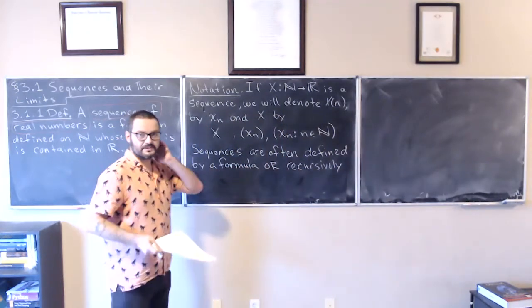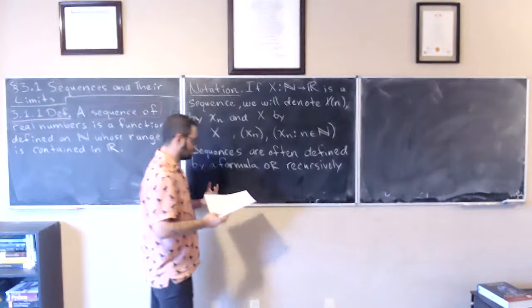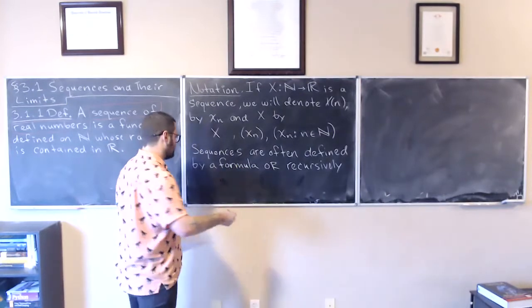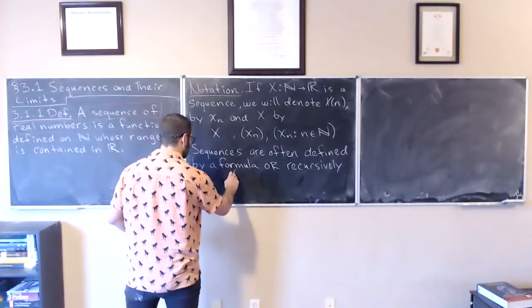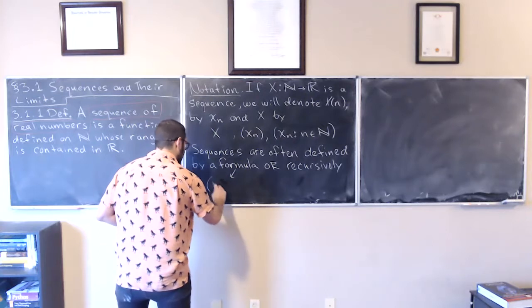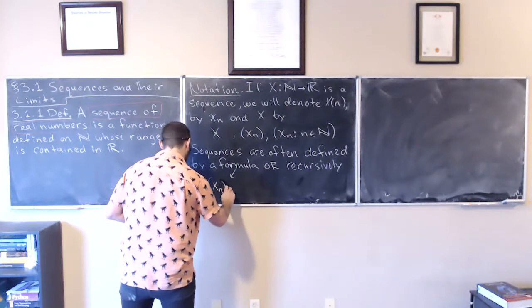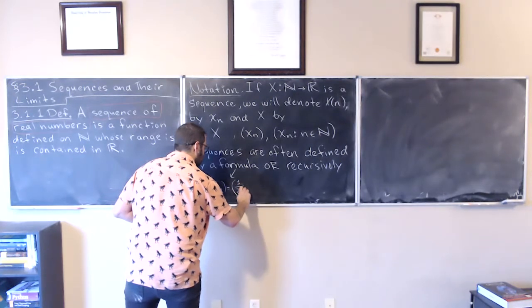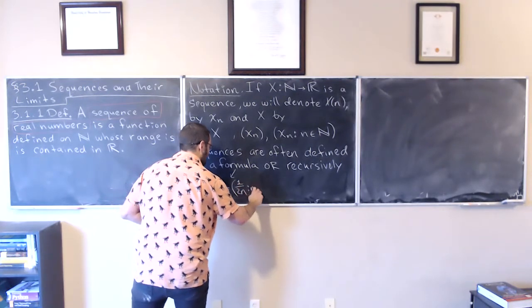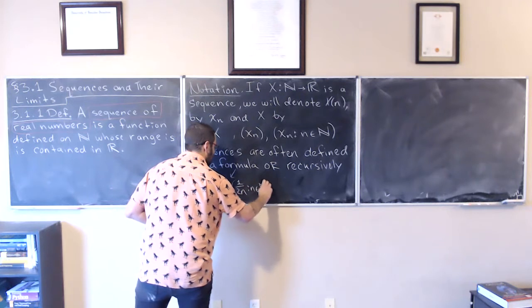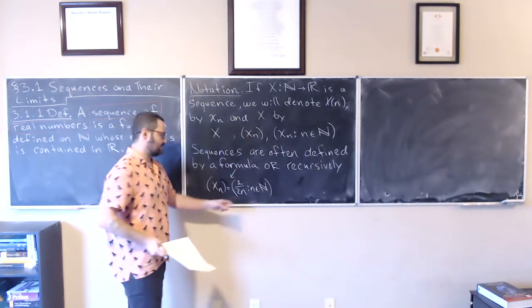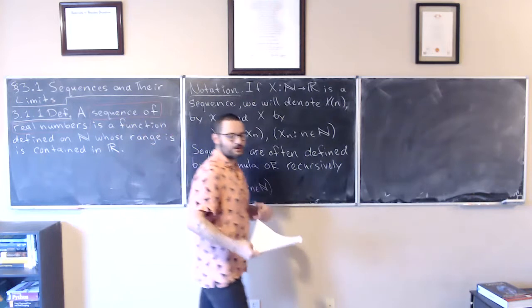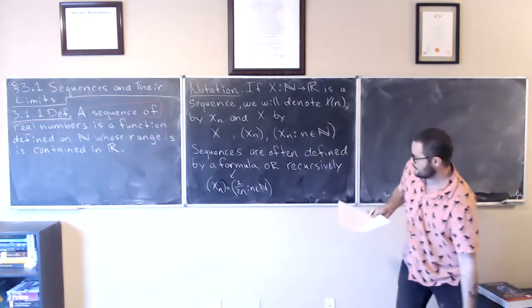A formula is an explicit representation of the sequence. For example, the sequence x_n is equal to 1 over 2n, such that n is a natural number. This would be an explicit way of defining the terms of that sequence.